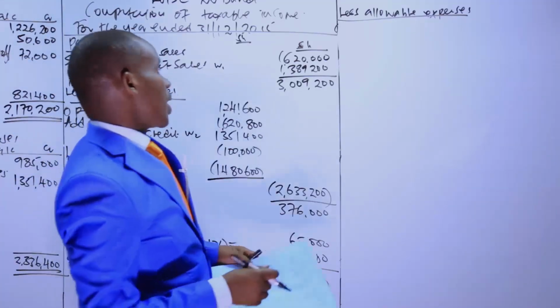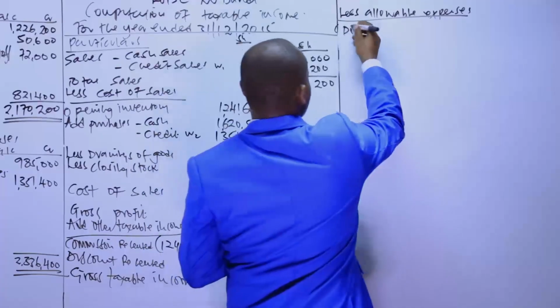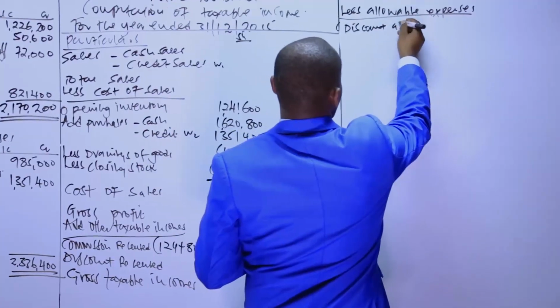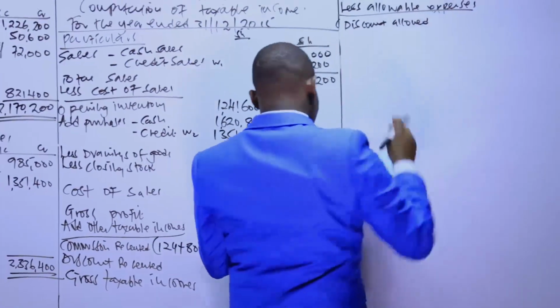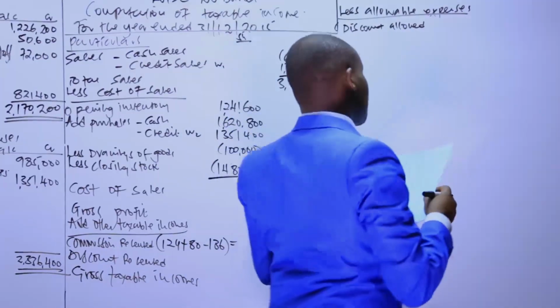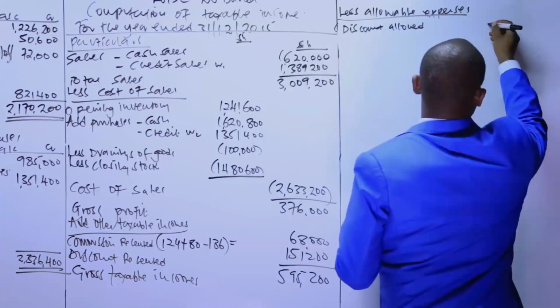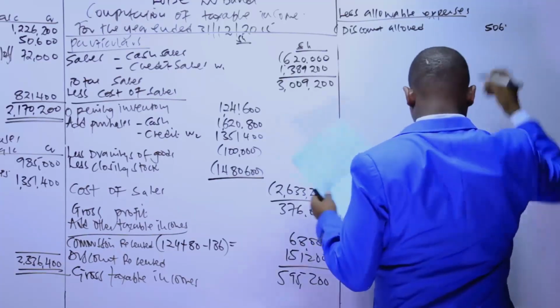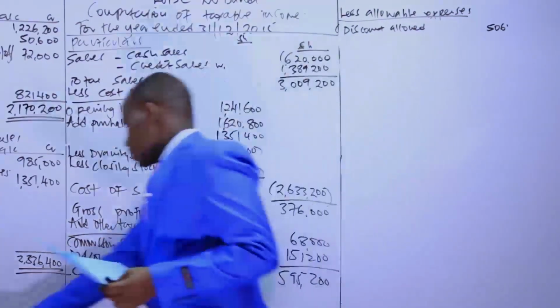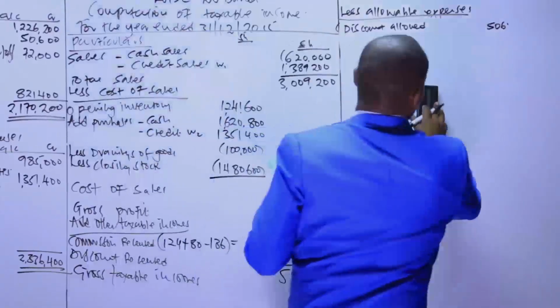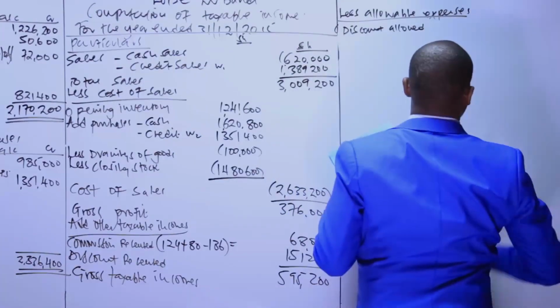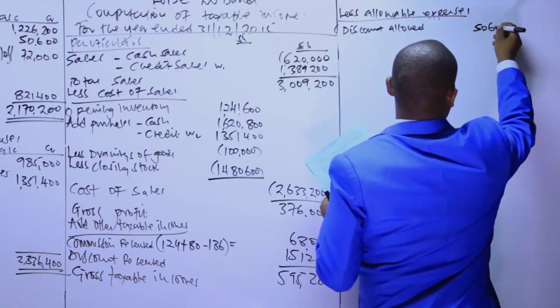Additional information number 1, we have discount allowed. Discount allowed is 5,600.